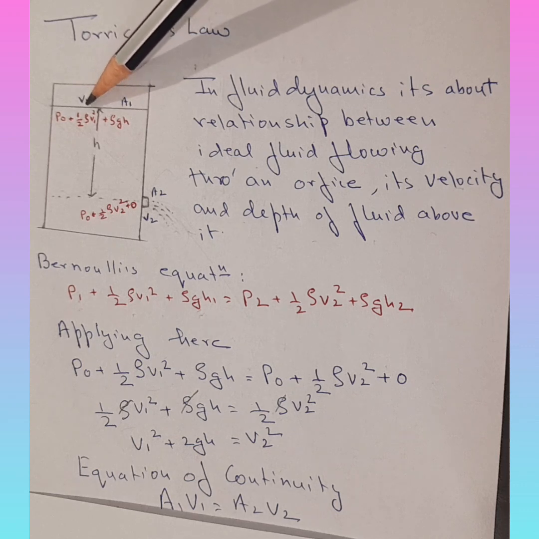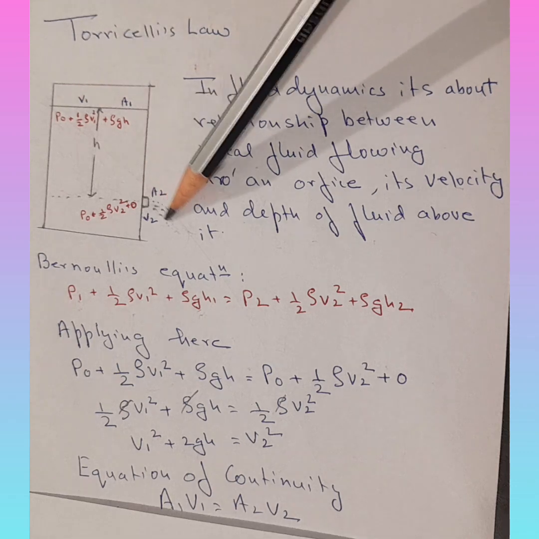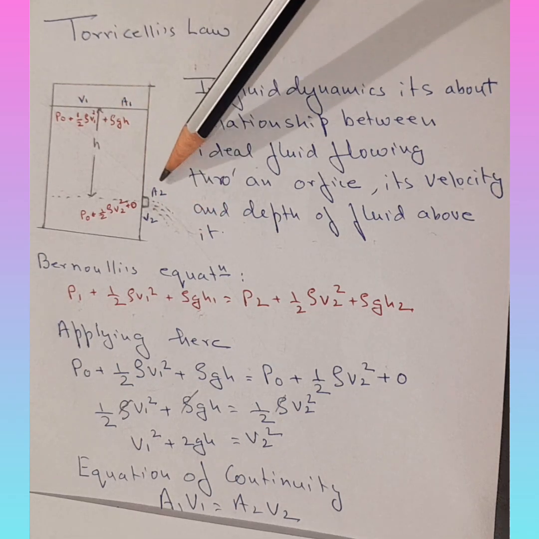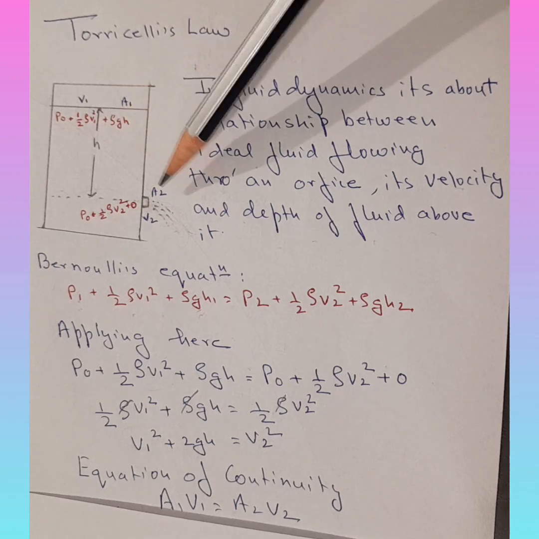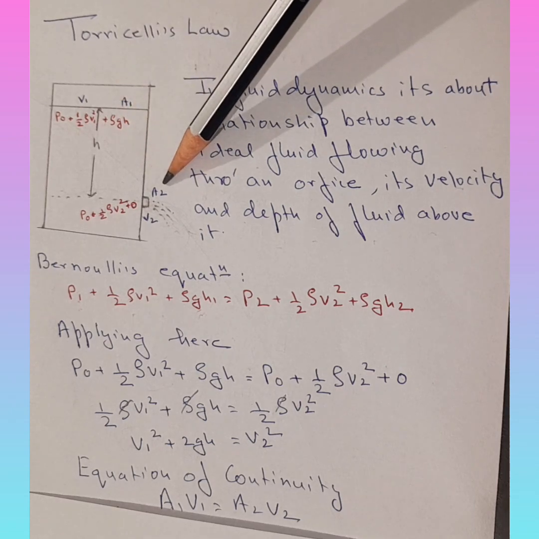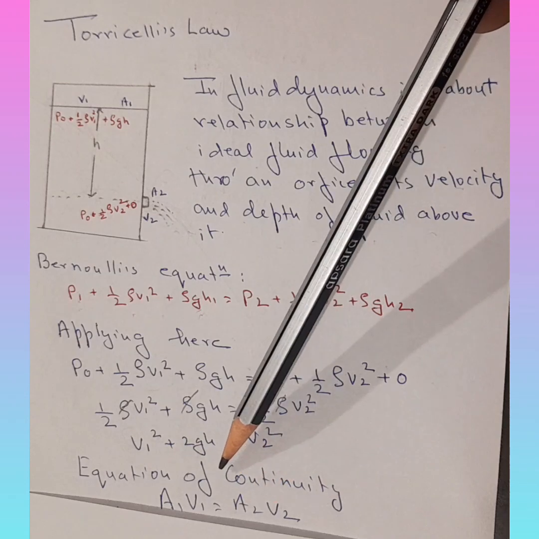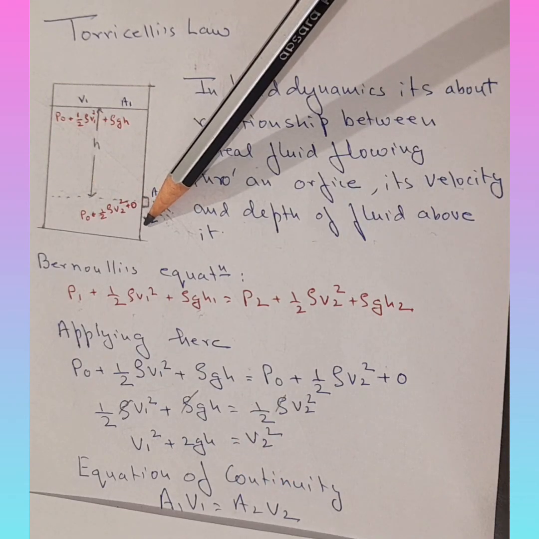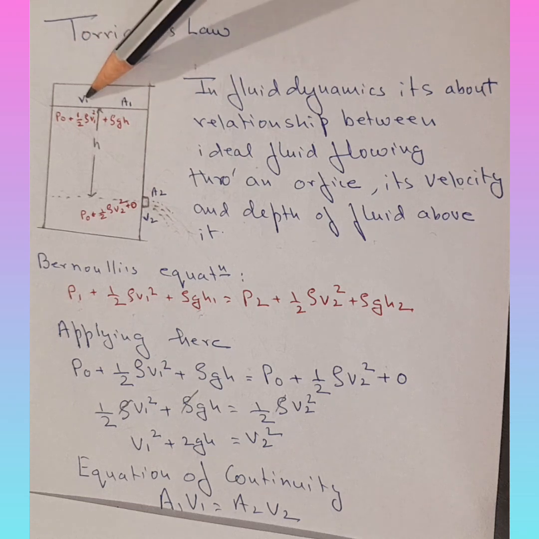Now velocity V1 is very small in comparison to V2, owing to the difference in area of cross section of the two, and as per the equation of continuity, if this is small, this has to be big, and if this is big, this has to be small.